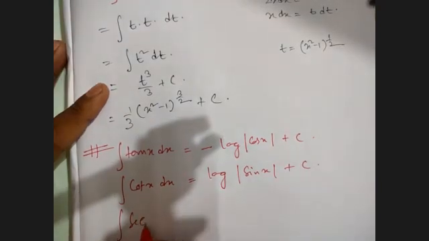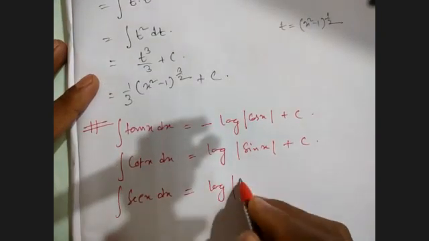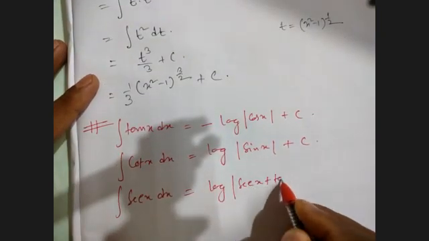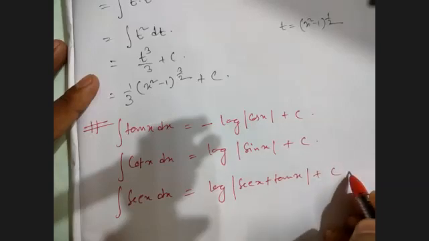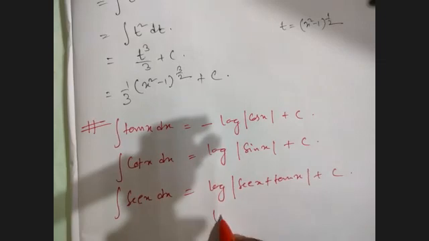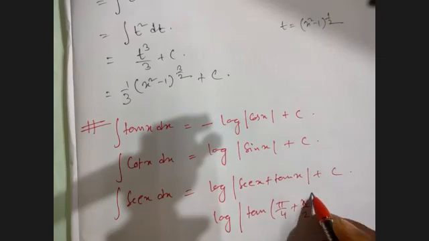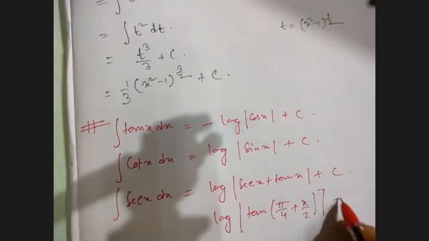Integration of sec x dx equals log of (sec x plus tan x) plus c, or you can write it as log of tan (pi by 4 plus x by 2) plus c.